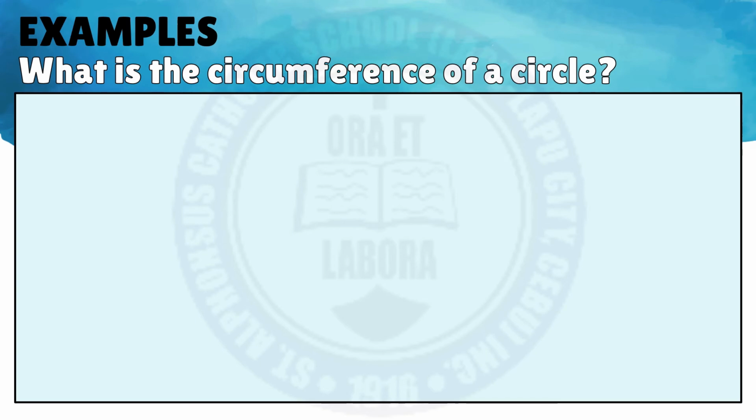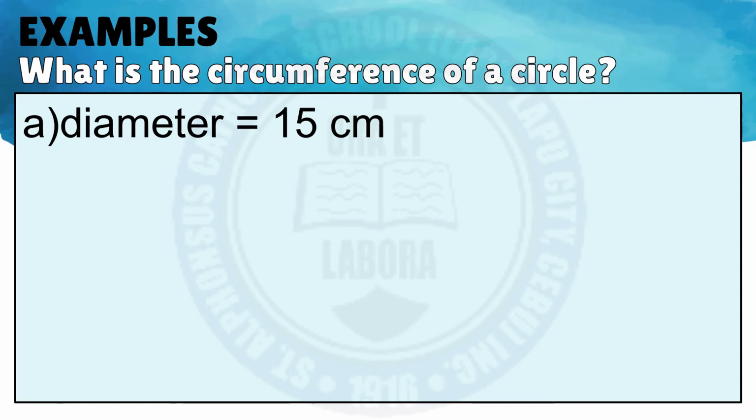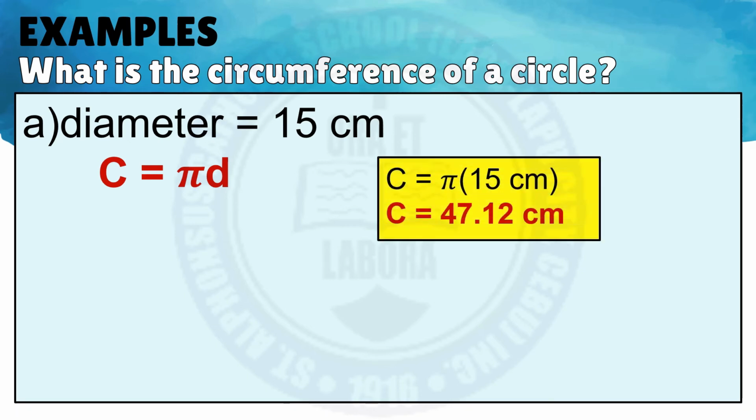Let us consider the following examples. What is the circumference of a circle given the diameter 15 cm? Since the given here is the diameter, therefore we will be using the formula C equals pi times D. Then substitute the given value of the diameter to our formula.